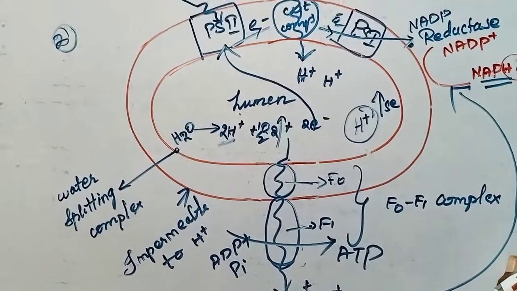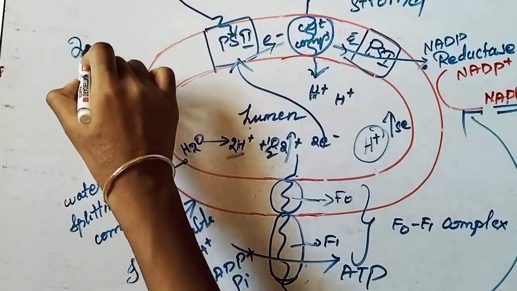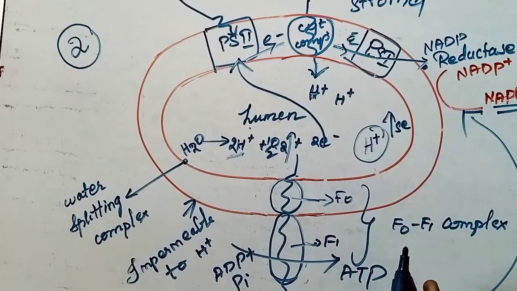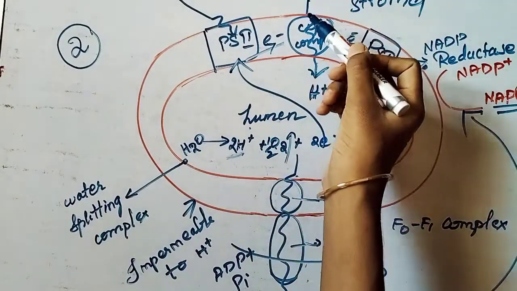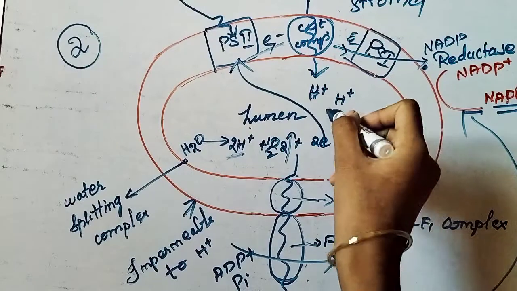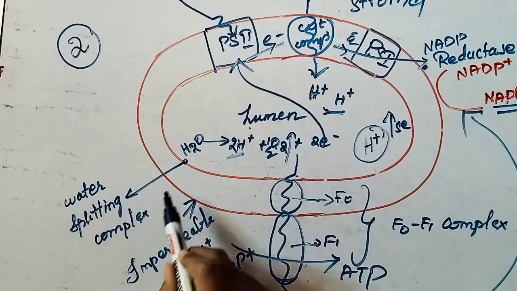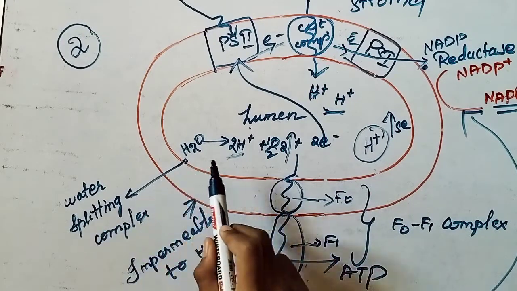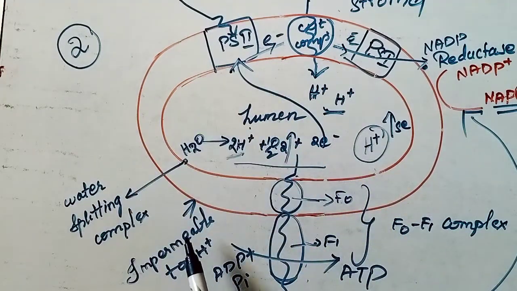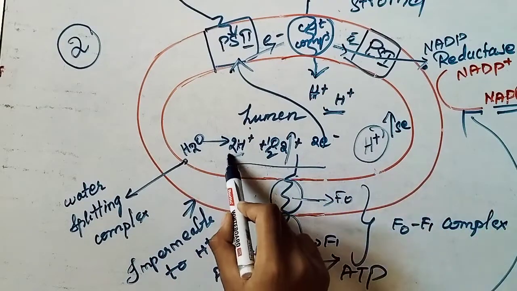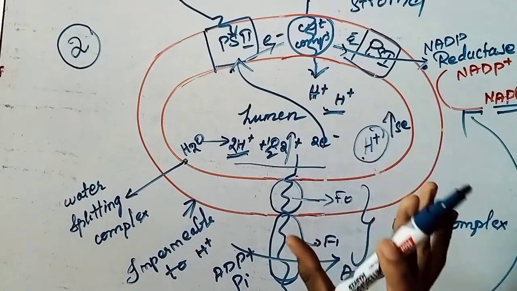Okay, clear? This is the chemiosmotic hypothesis. A simple concept, only two processes are important. What are the two processes? One, in the cyclic or non-cyclic photophosphorylation, the H plus ions come from the stroma to the lumen. The other process is the water splitting complex, which splits the water and these products are formed. The electrons go to fulfill the deficiency of the photosystem, the oxygen goes to the atmosphere, and the hydrogen accumulates over here, so the hydrogen concentration is more in the lumen.